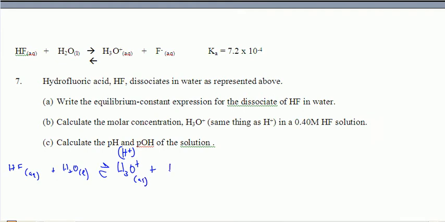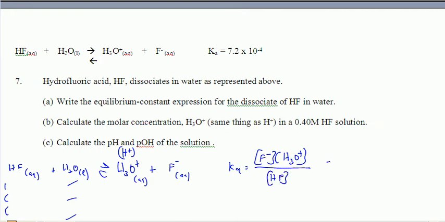But the important thing is that it's aqueous. ICE, don't count liquid. Ka is equal to F minus multiplied by H3O plus divided by HF, because we do not count the liquid, which is equal to 7.2 times 10 to the negative fourth. They gave that to me right there.